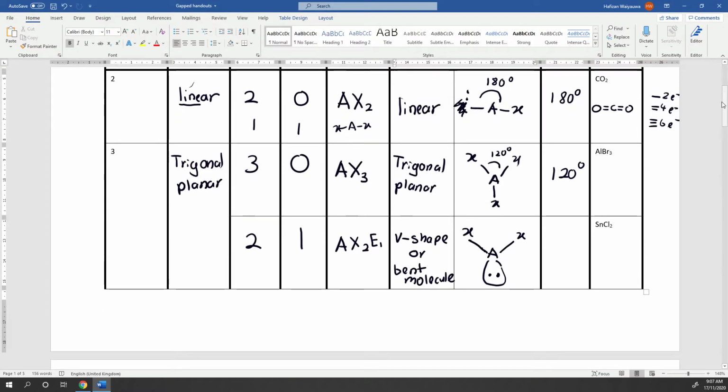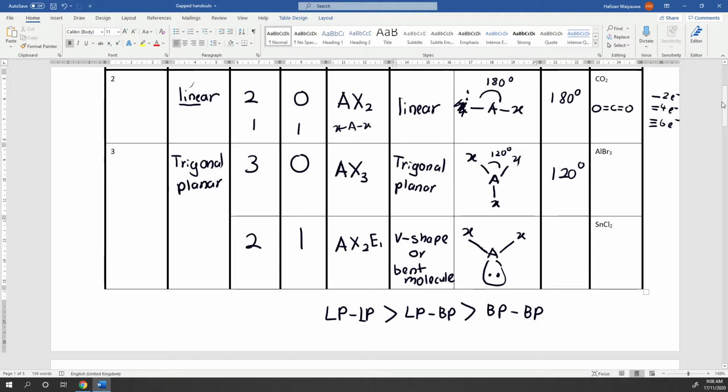Now, if you remember, lone pair to lone pair repulsion is bigger than lone pair to bonding pair, and then bonding pair to bonding pair punya repulsion is the weakest. Okay, since now instead of bonding pair, kita dah ganti one of the bonding pair with lone pairs.